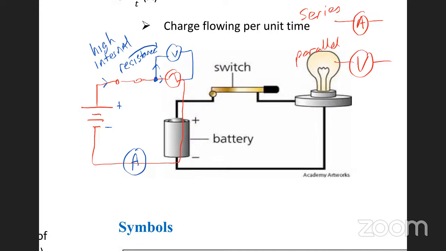What about the ammeter? The ammeter has what? Low. Why is it low? The reason it's low is because you want current to flow through it, right? You want current to flow through it.